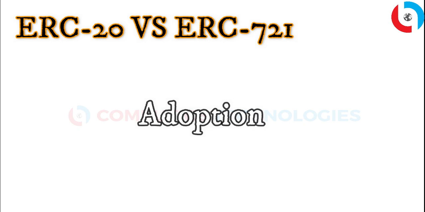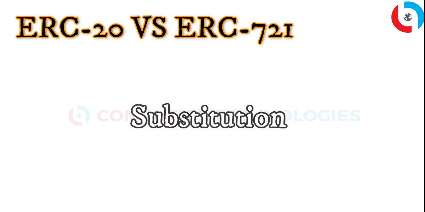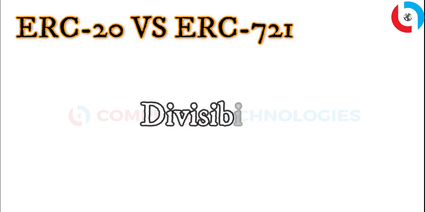Adoption. ERC20 tokens are commonly adopted. ERC721 tokens have limited levels of acceptance. Substitution. ERC20 tokens are easier for substitution. ERC721 has no scope for substitution. Divisibility.